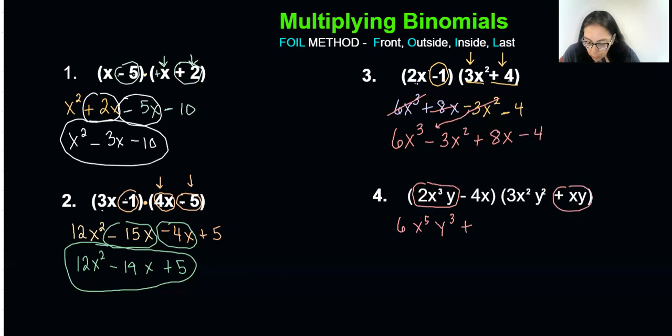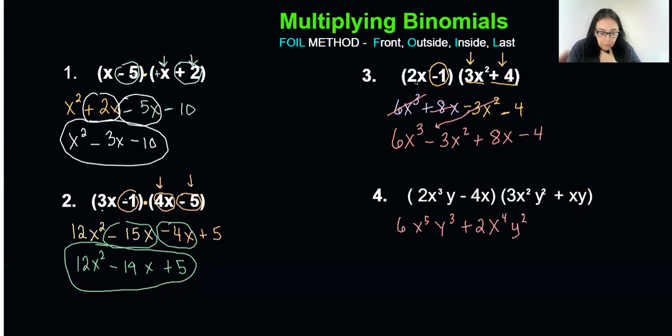So if you want to put a 1 in front of there, go ahead. 2 times 1 is 2. You want to put 1s for your exponents, feel free. I've got 3 and 1 makes 4. And then I've got a y times a y, which is y squared. So now we're done multiplying the 2x cubed y.